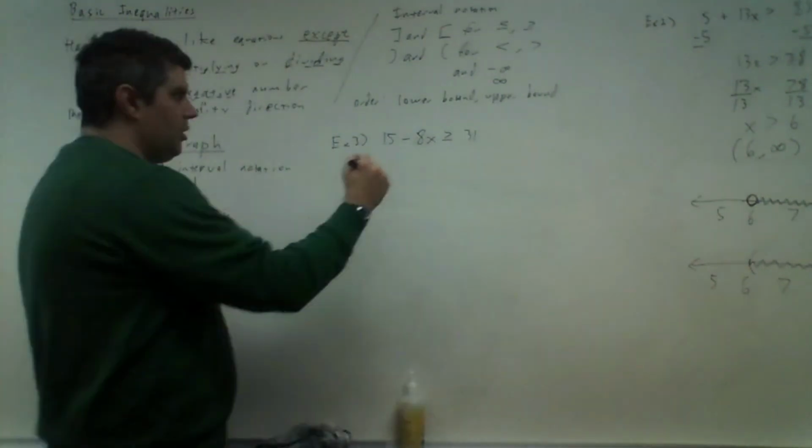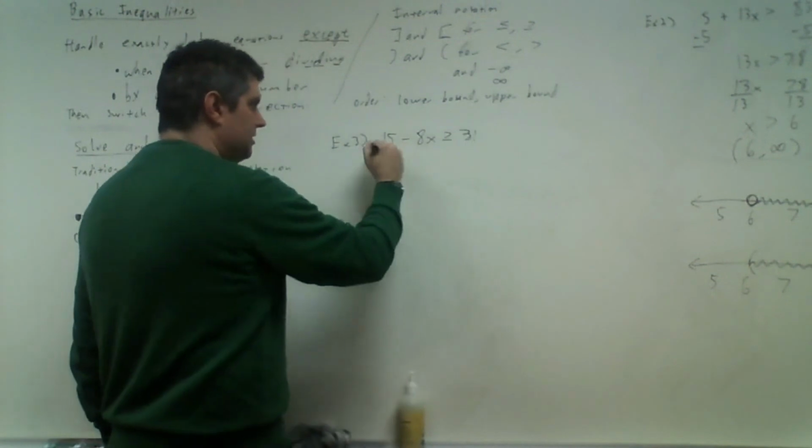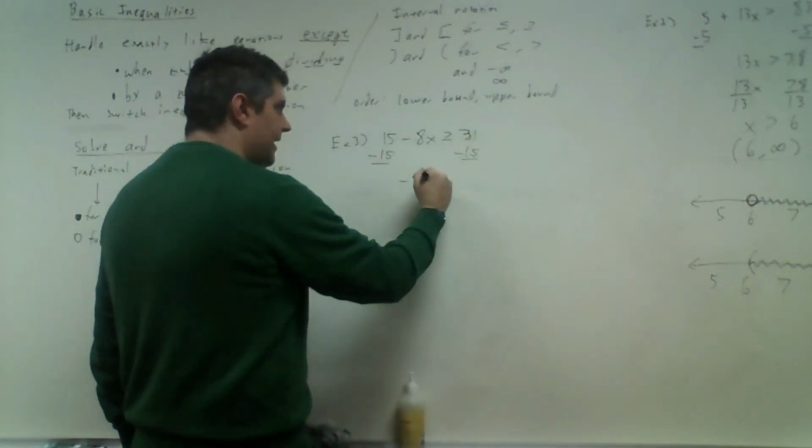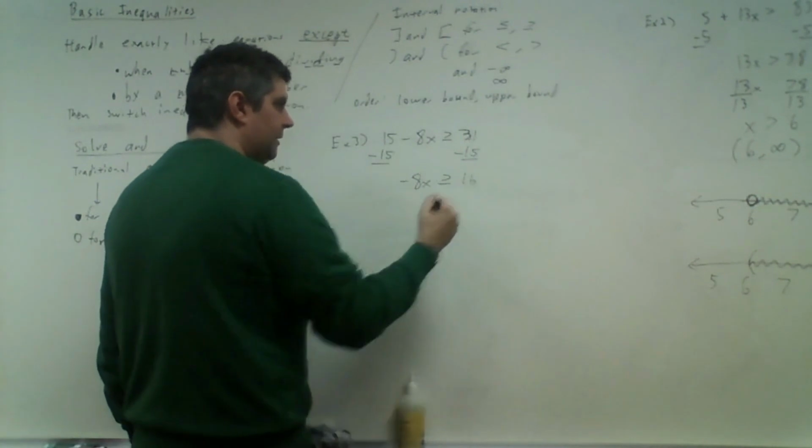So the first thing I would do is subtract off the 15. Negative 8x is greater than or equal to 16.